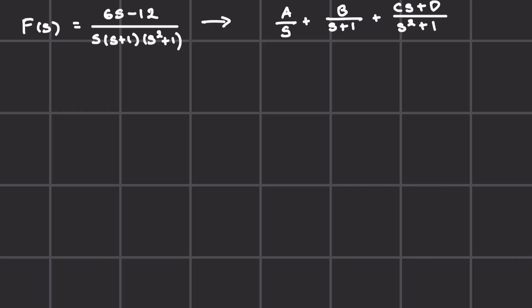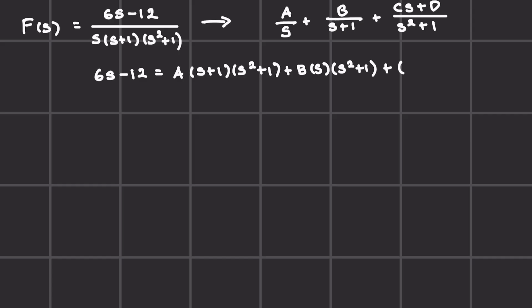So we have 6s minus 12 equals A times (s plus 1)(s squared plus 1) plus B times (s squared plus 1) plus (Cs plus D) times (s plus 1).